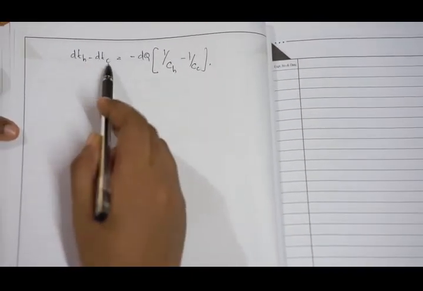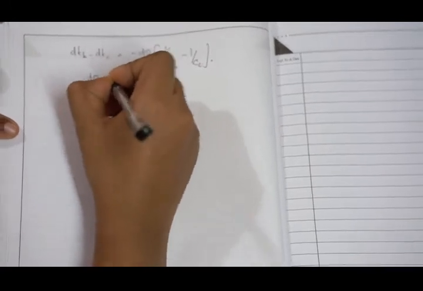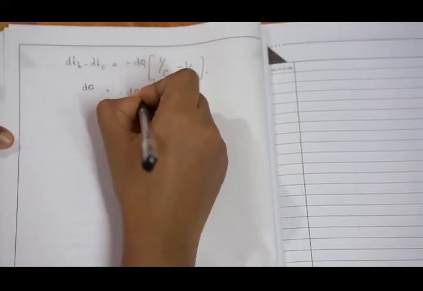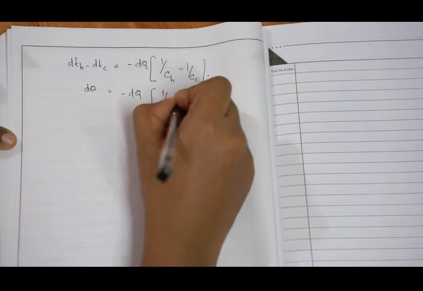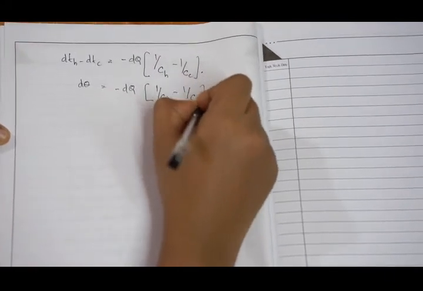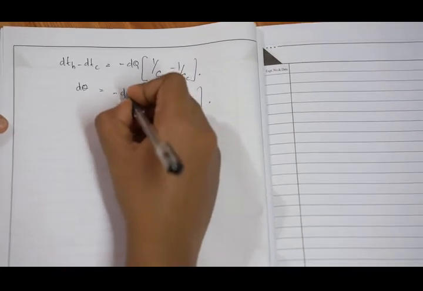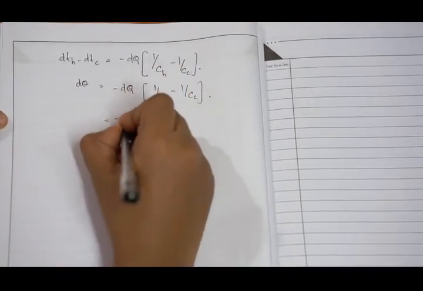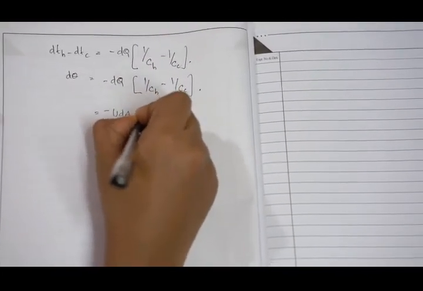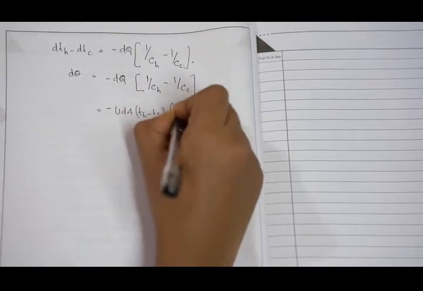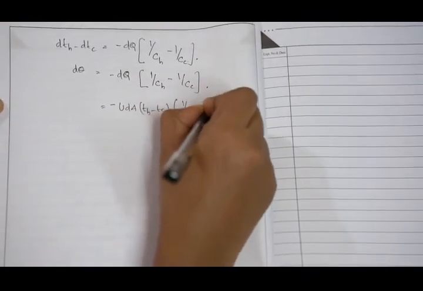So dTH minus dTC equal to d theta is equal to minus of dQ into 1 by CH minus 1 by CC. Then we substitute the equation for dQ: minus of U dA into TH minus TC into 1 by CH minus 1 by CC.